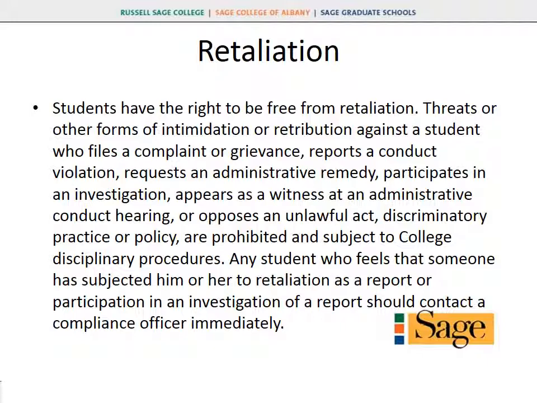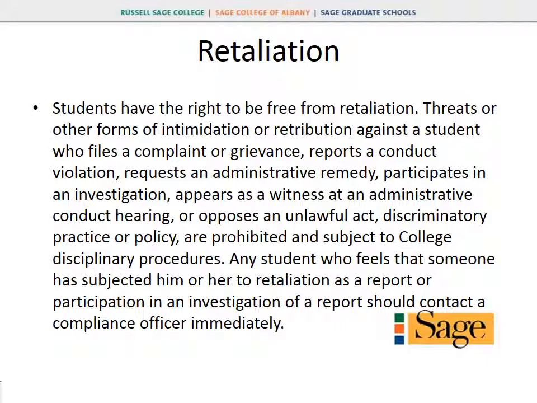Students have the right to be free from retaliation. Threats or other forms of intimidation or retribution against a student who files a complaint or grievance, reports a conduct violation, requests an administrative remedy, participates in an investigation, appears as a witness at an administrative conduct hearing, or opposes an unlawful act, discriminatory practice or policy, are prohibited and subject to the college disciplinary procedures.